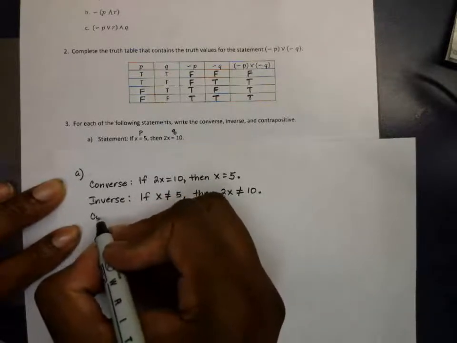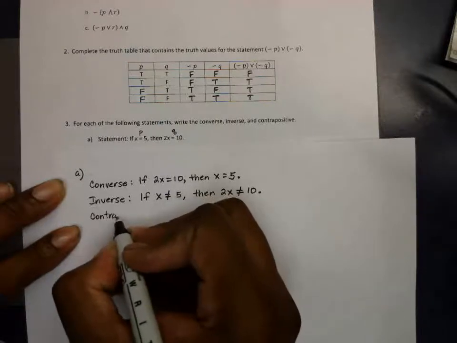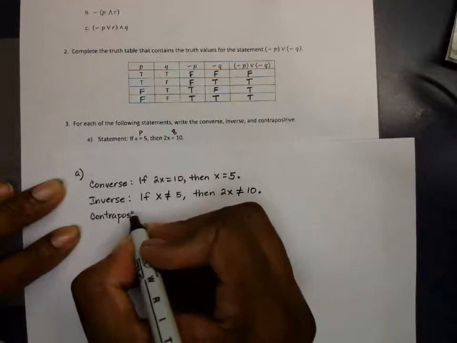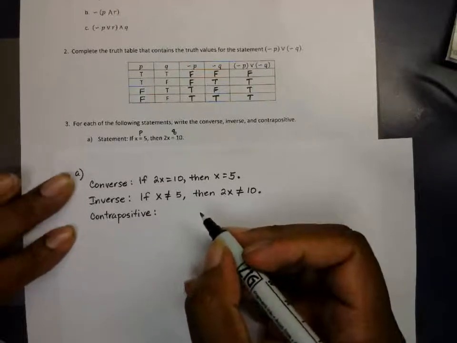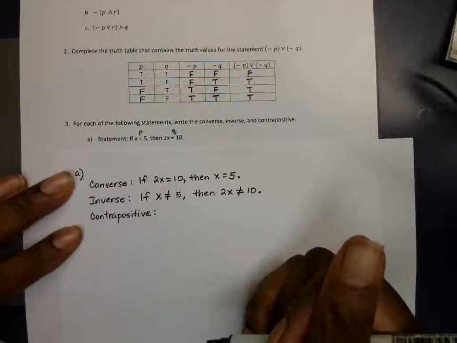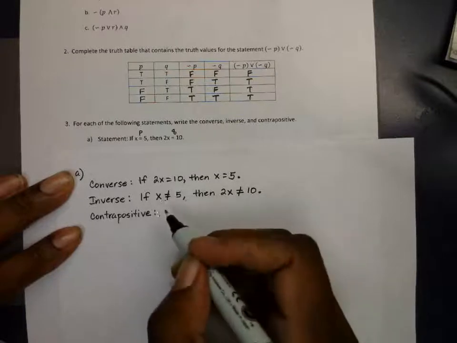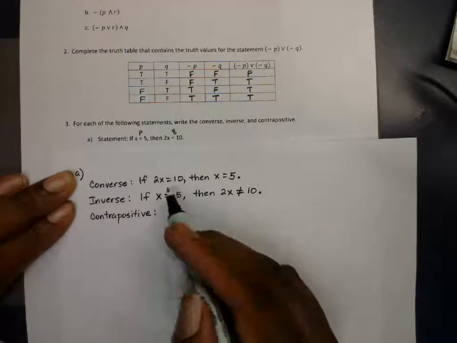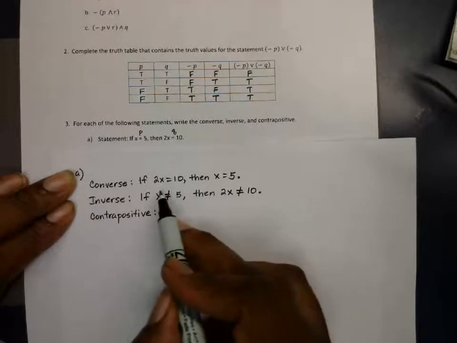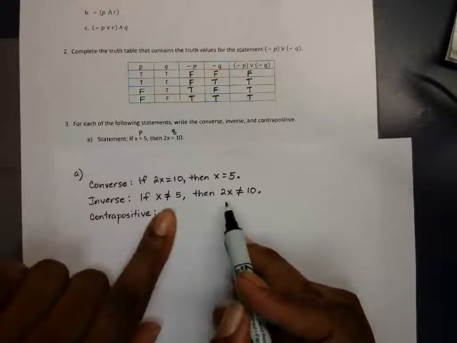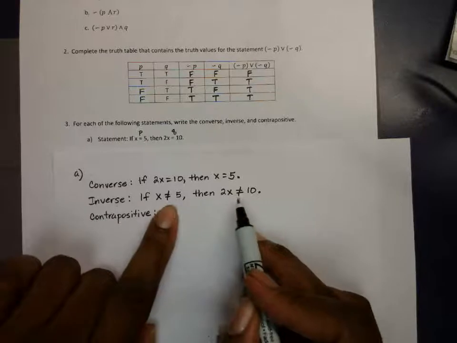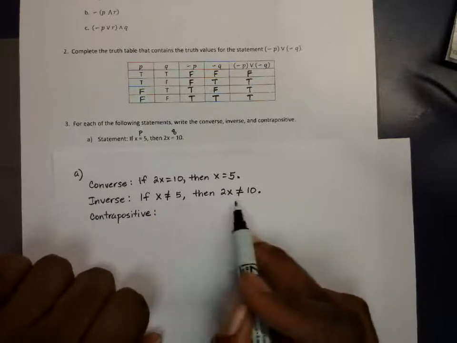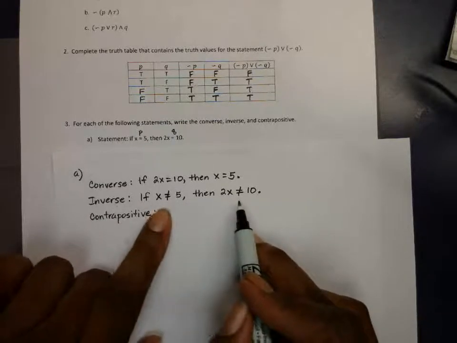And now for the contrapositive. All right, the contrapositive would be this. You could either negate the converse or take the inverse and just switch the order of these two. It'll be best to just switch the order of these two since I've already got the negation of those.